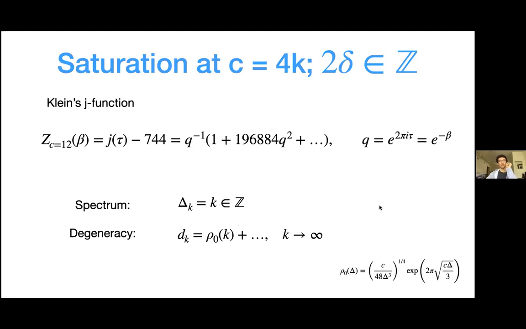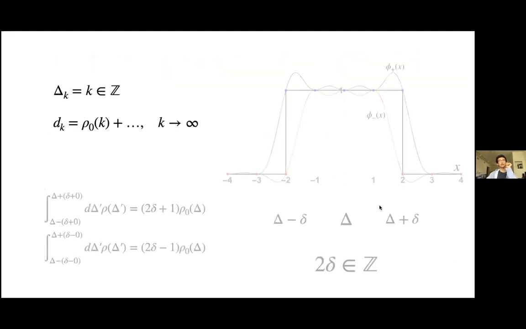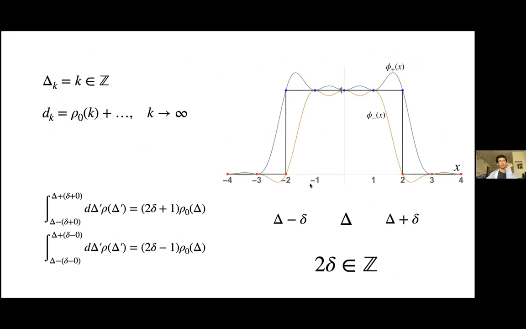Right, so now how do we see optimality of this partition function? Well, because of integer spectrum, and individual degeneracies are these rho naughts, you just count the number of operators inside this interval, which is precisely 2 delta plus or minus 1, depending on the upper or lower bounds, times this rho naught, which comes from the degeneracy.